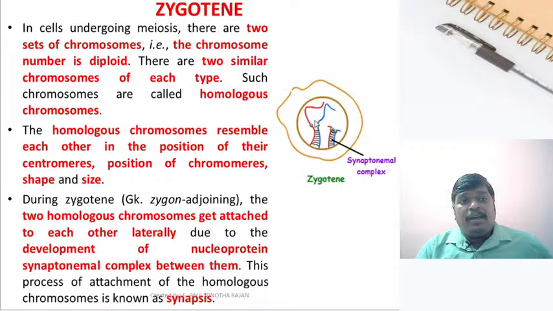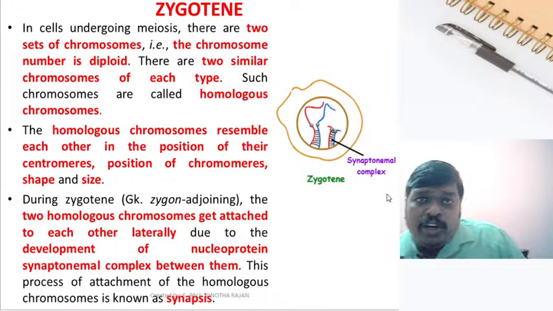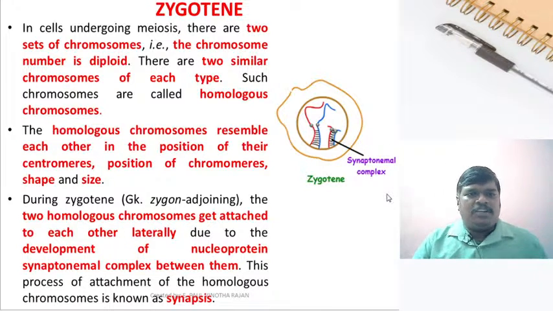And similarly, the 2 homologous chromosomes, the similar chromosomes, get attached laterally along the sides, like this. During attachment they form a complex called the synaptonemal complex.